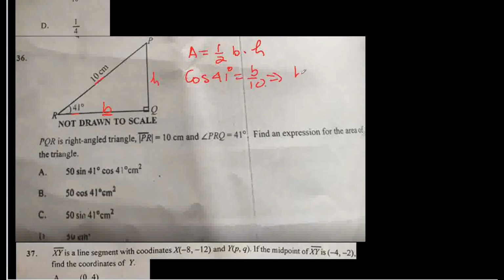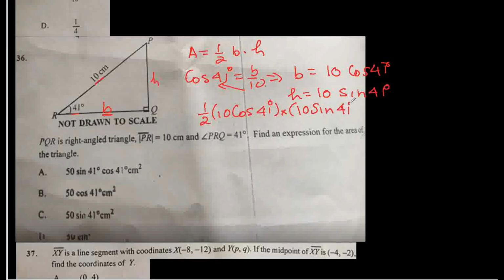That means B is 10 cos 41 degrees by cross multiplication. Similarly, height H will be 10 sine 41 degrees by the same method. So now we will find the answer: half times 10 cos 41 degrees multiplied by 10 sine 41 degrees.